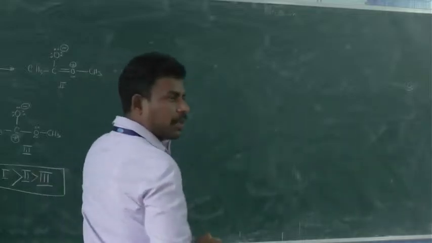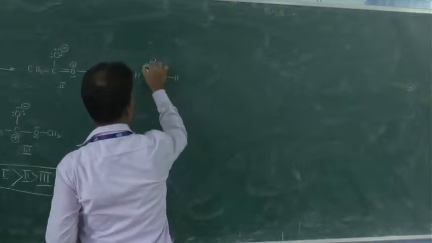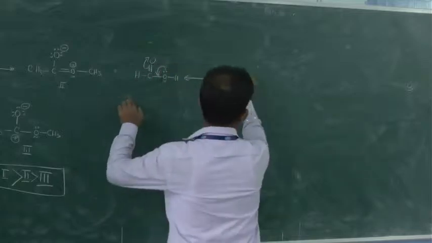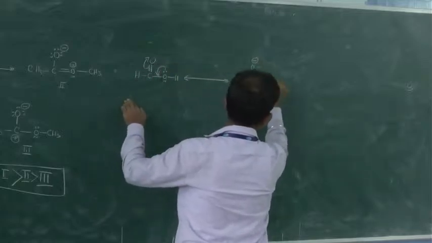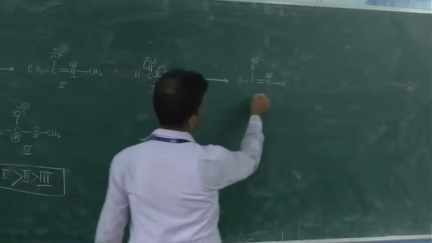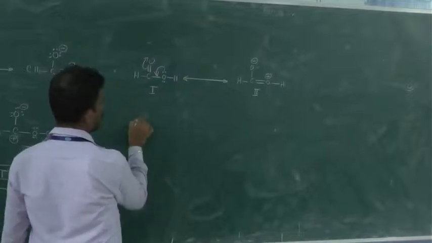Write the resonance structure. Shift the lone pair towards the pi bond. So this is going to be one single bond, a negative charge, the pi bond, and a positive charge on hydrogen. This is resonance structure 1, this is resonance structure 2. Correct?